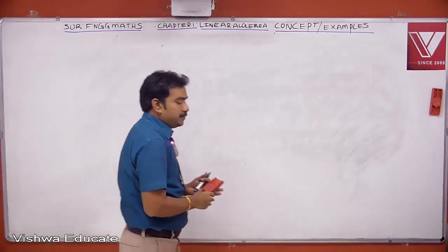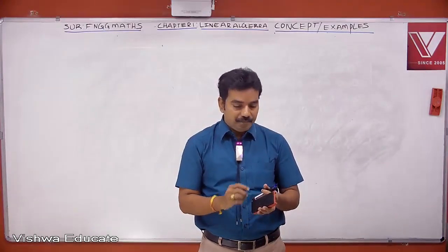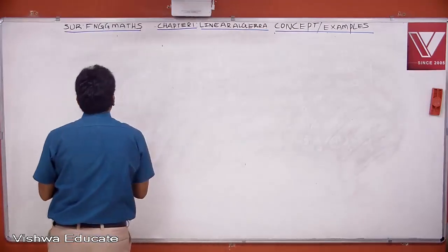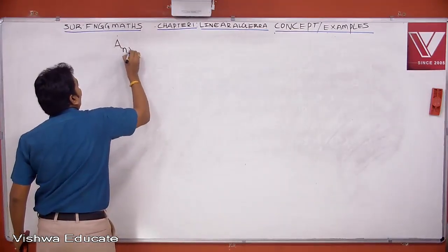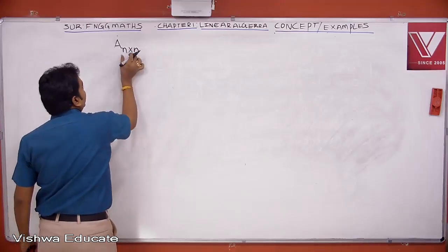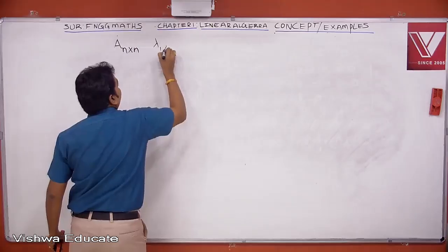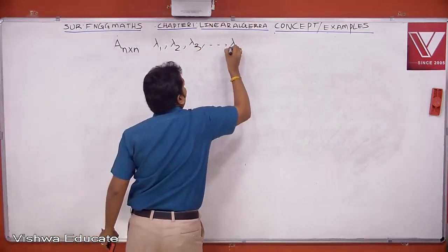Now we discuss a few shortcuts on eigenvalues. Suppose A is an n cross n matrix. Since it is an n cross n matrix, it has exactly n eigenvalues. Assume that they are lambda 1, lambda 2, lambda 3 and so on, lambda n.